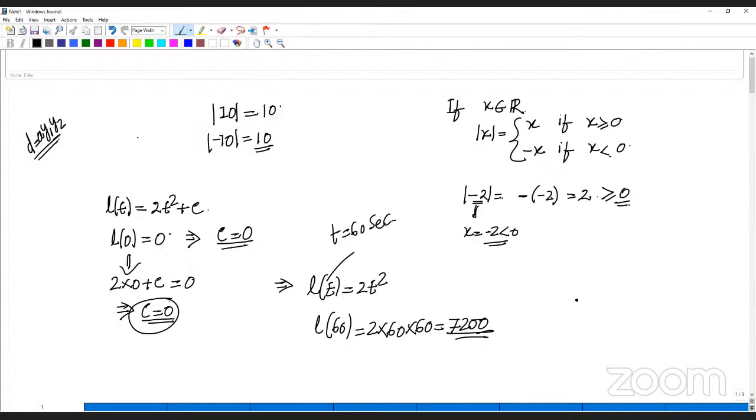F of 2 is 18. So basically this is one point, 4, 22, and let's give 18. They are basically talking about this triangle. This is 2, 18.